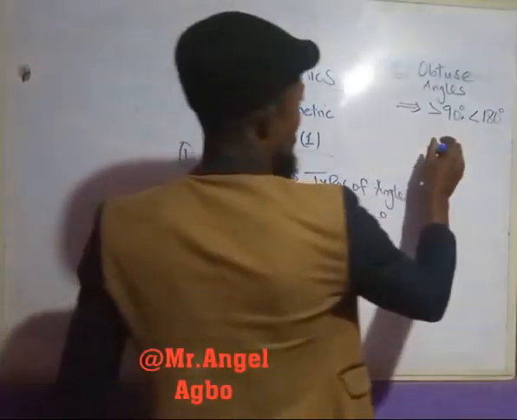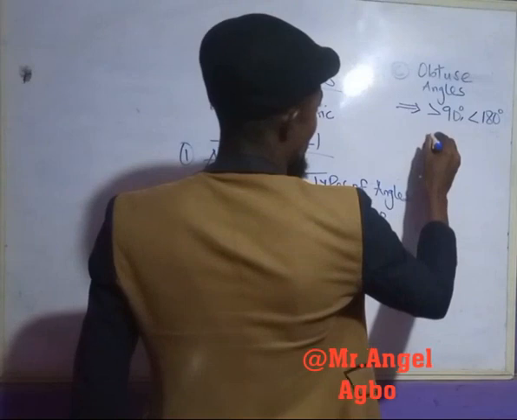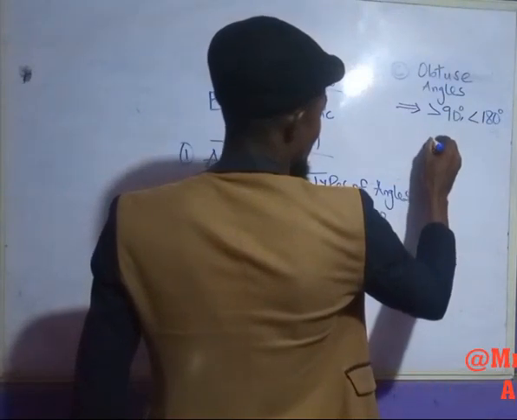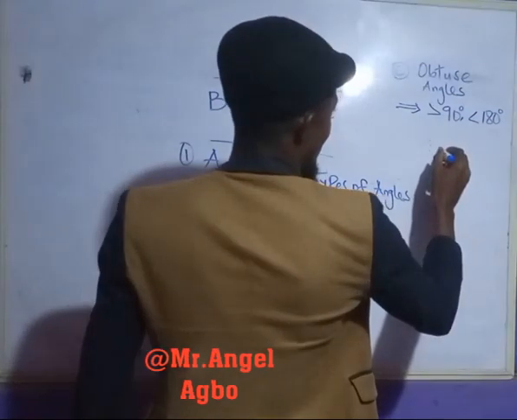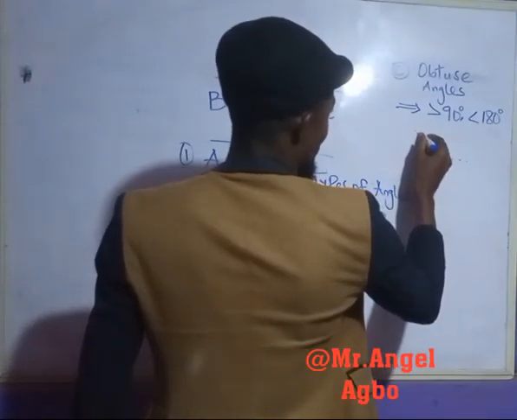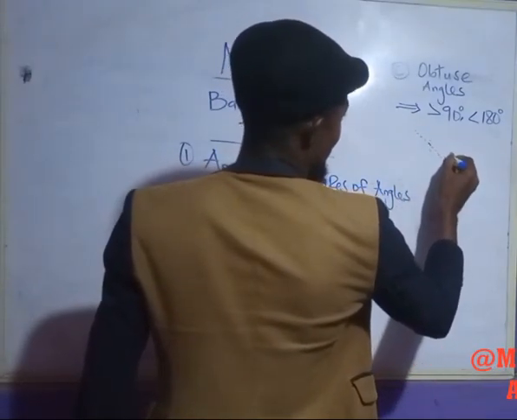And the shape could be this way. Remember, if 90 degrees is this side, then obtuse angles should be formed this way.